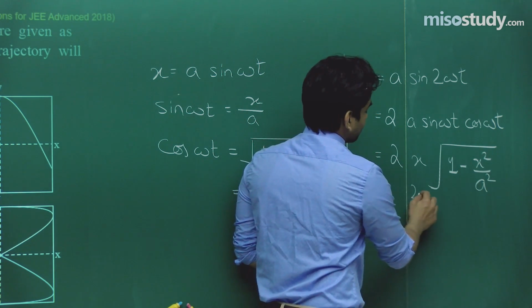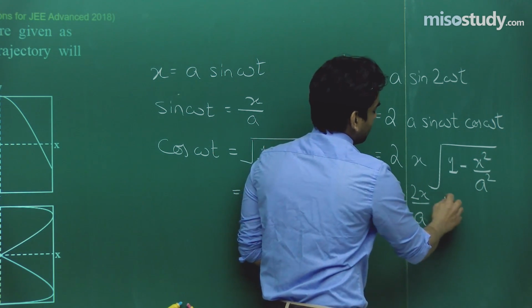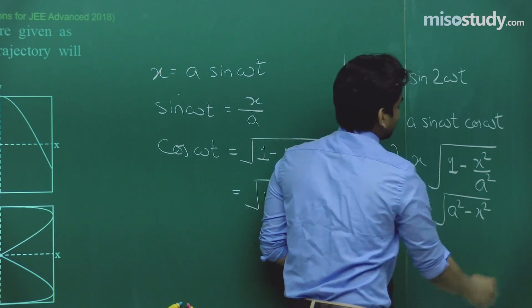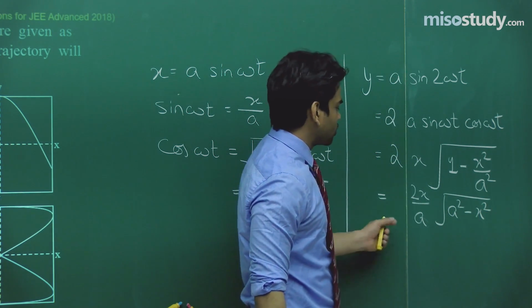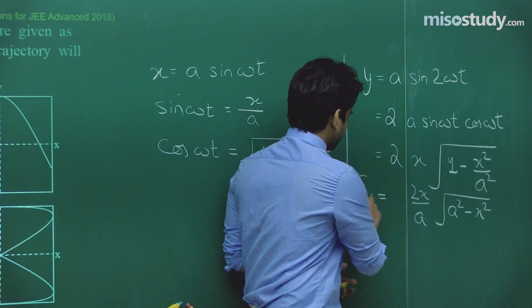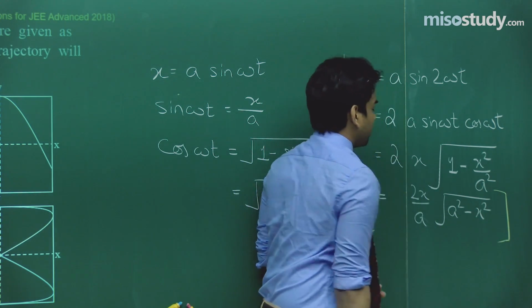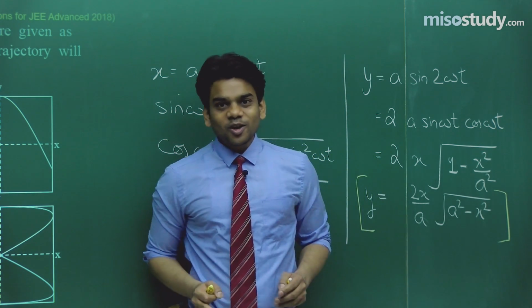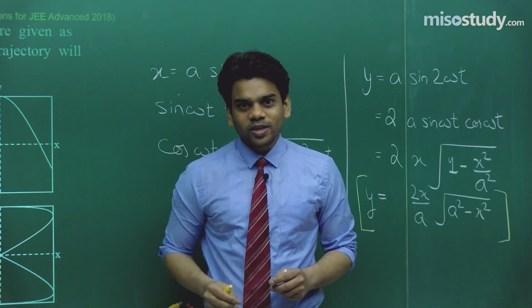We are going to obtain this as 2x by a under root of a square minus x square. Quite obvious, we can show that y is related with x in this way. This is the relation between y and x. Now we got the equation of the motion of the particle.